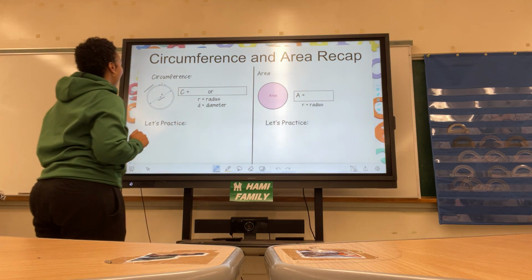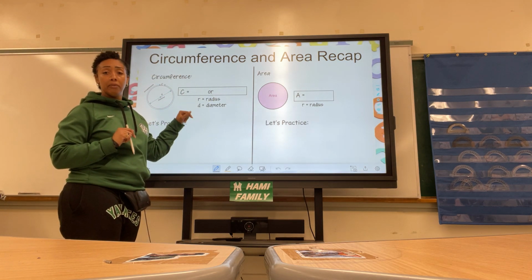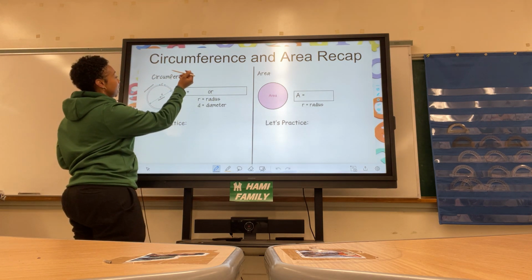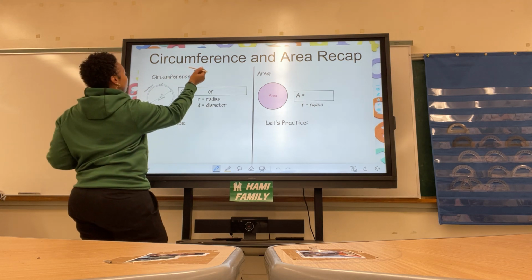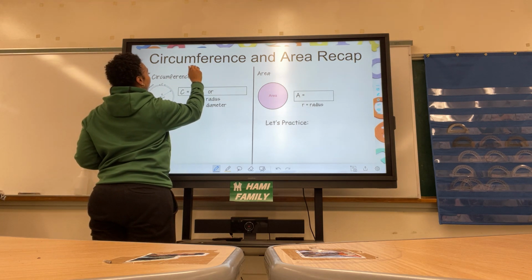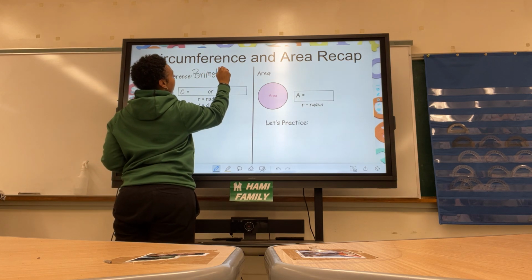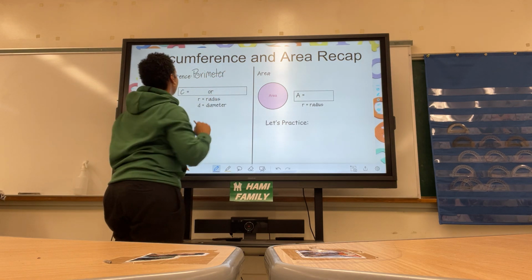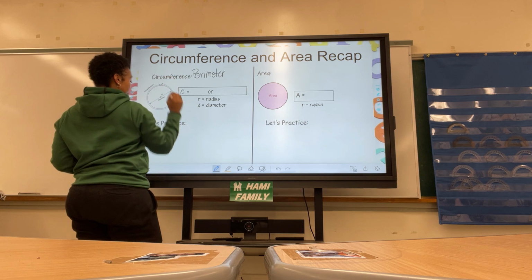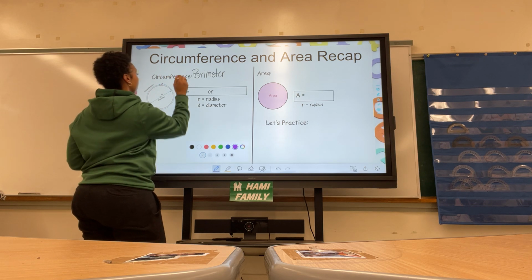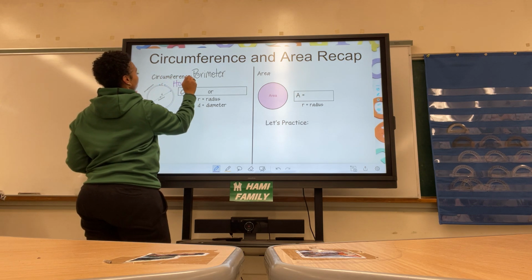So the formula for circumference is going to be, actually, let's write the definition first. Circumference is better known as perimeter. Definitely write this down in your notes. All that is, is how much around the circle.